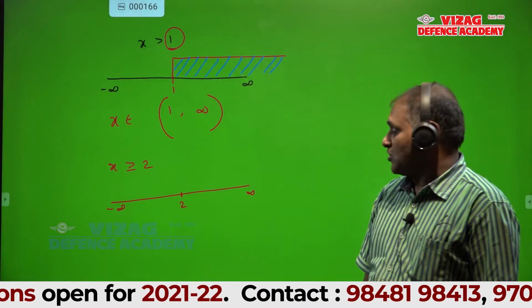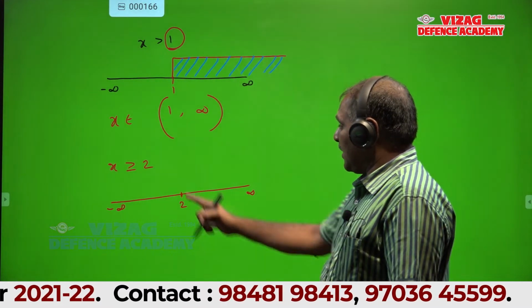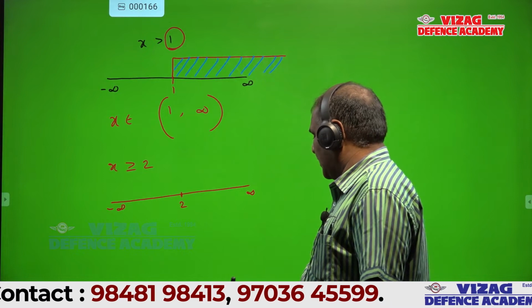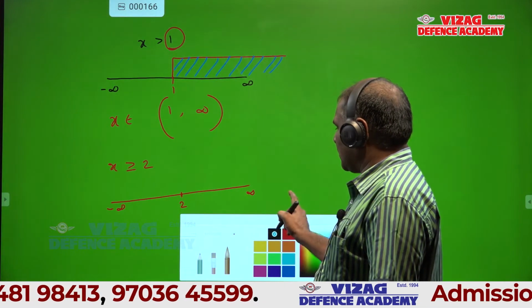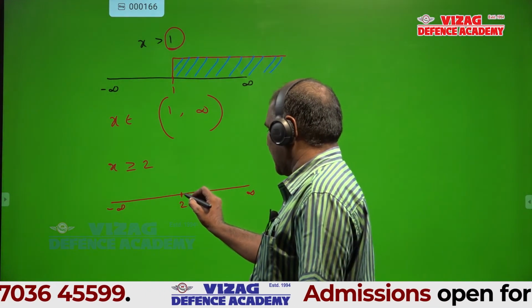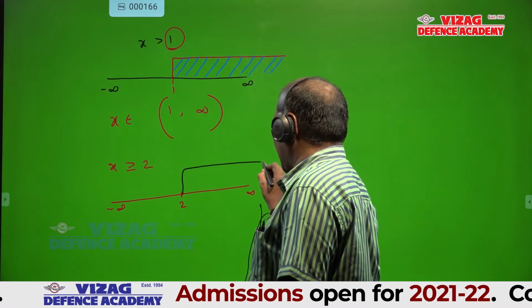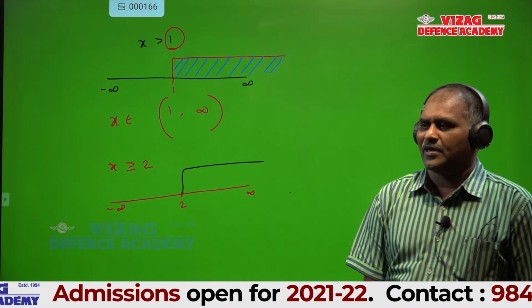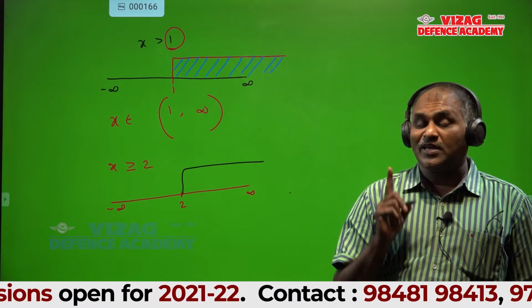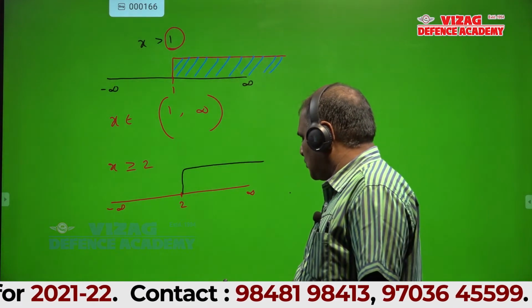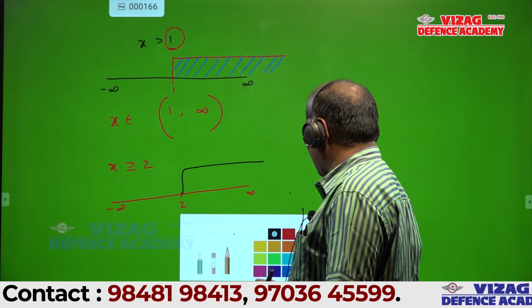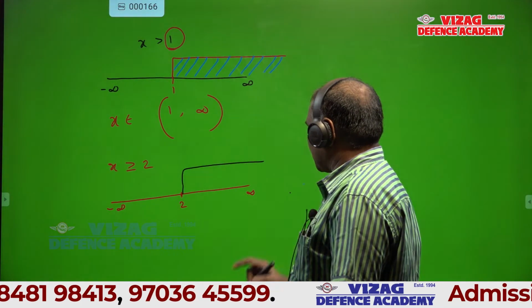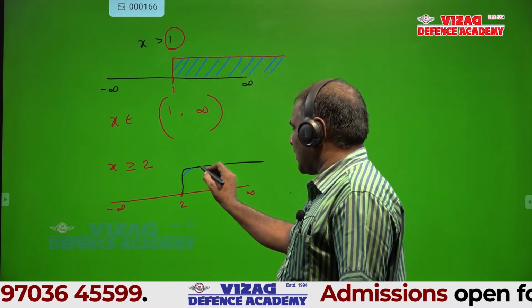By observation, greater than is there, so right hand side. Greater than means always right hand side. Observe this one. What is greater than 2?